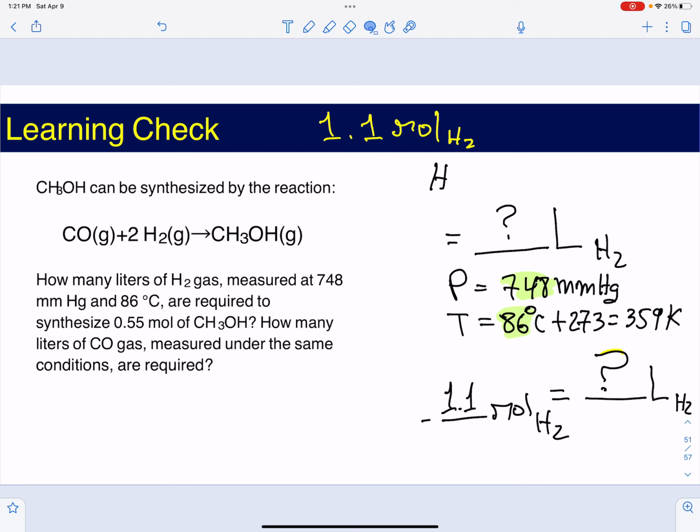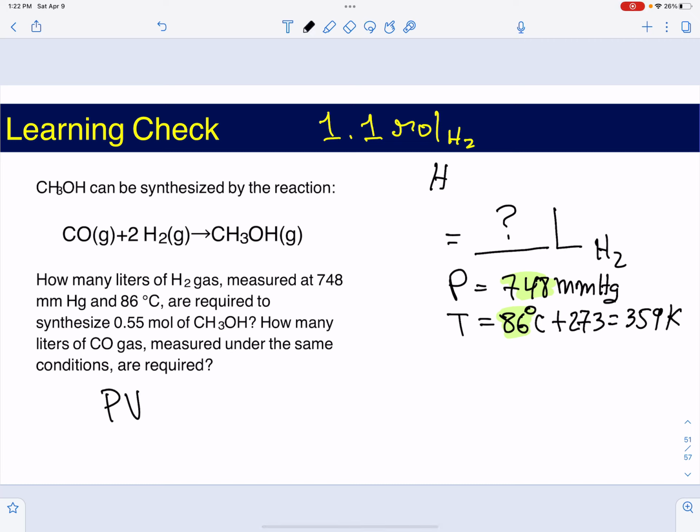So with the ideal gas law, we know that PV equals nRT. We're looking for the volume, liters, right? So we're going to divide by P on both sides so that we can cancel the pressure on the left side and leave the volume all by itself.